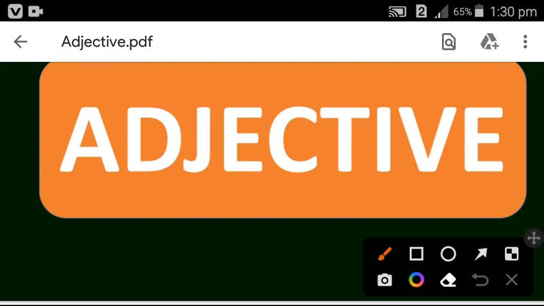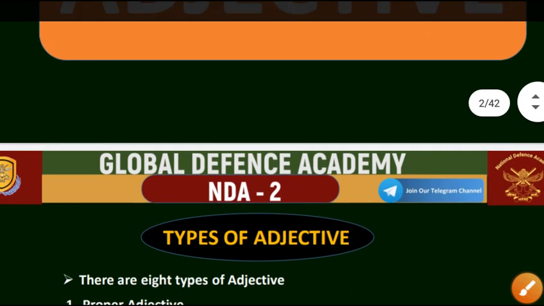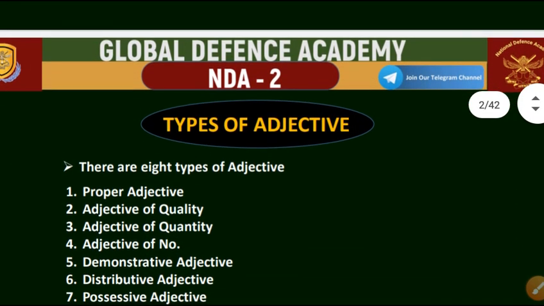Noun equivalent means such a word which is used instead of a noun. Which type of word is used instead of a noun? Words like gerund, pronoun, and many more. I hope it is clear.